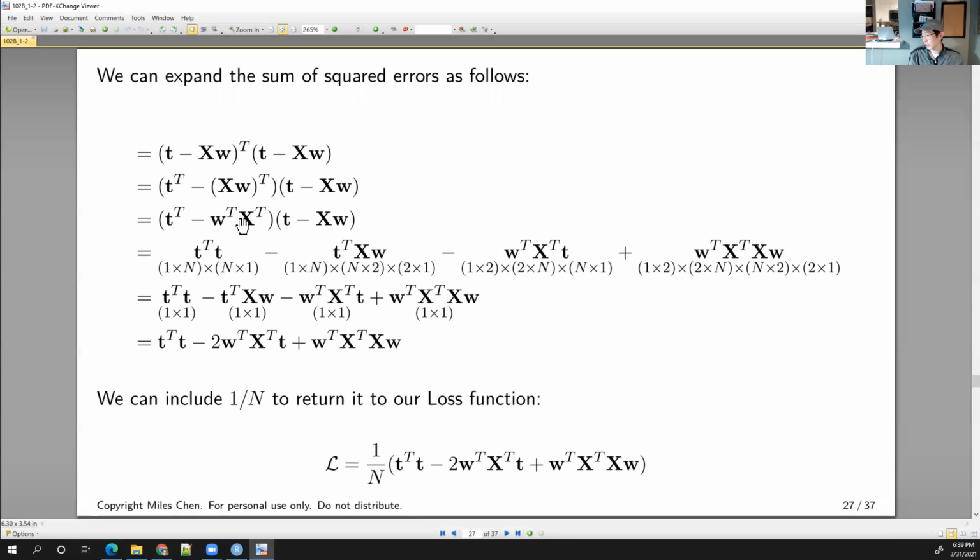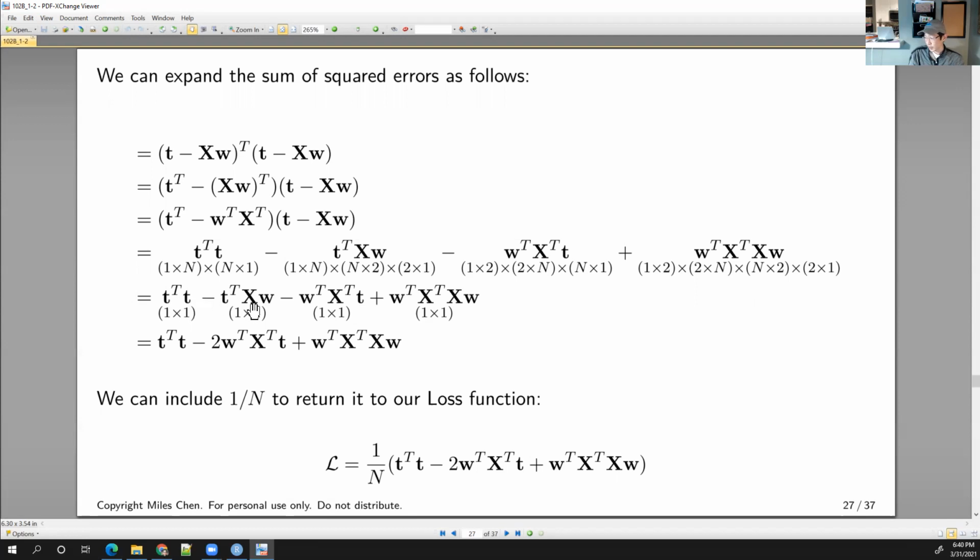Then the inner elements, W transpose X transpose T: 1 by 2, 2 by n, times n by 1, also combines to a 1 by 1. And then W transpose X transpose XW, which also combines, no problem. So these are all 1 by 1s, and they will all add together.